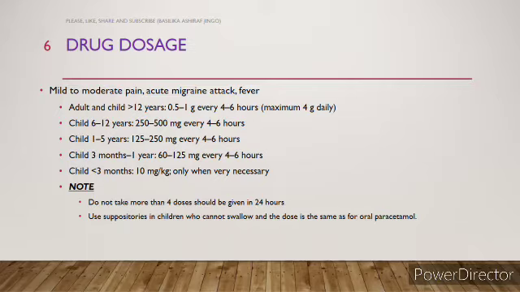So if the tablet is 500 milligrams, meaning we shall give a quarter to a half every 4 to 6 hours. Then with children below 3 months to 1 year, we give 60 to 125 milligrams every 4 to 6 hours. Then children below 3 months, we shall give them 10 milligrams per kg body weight.